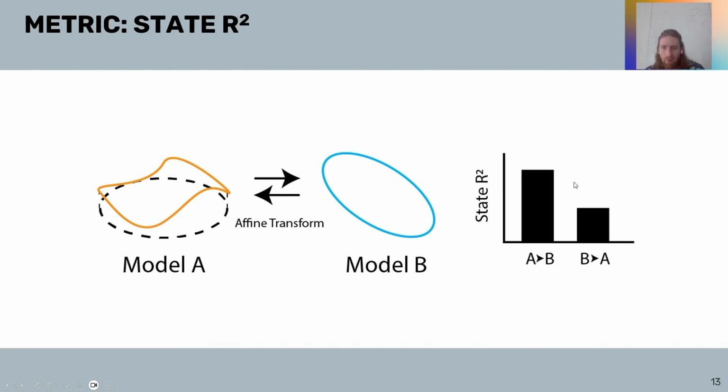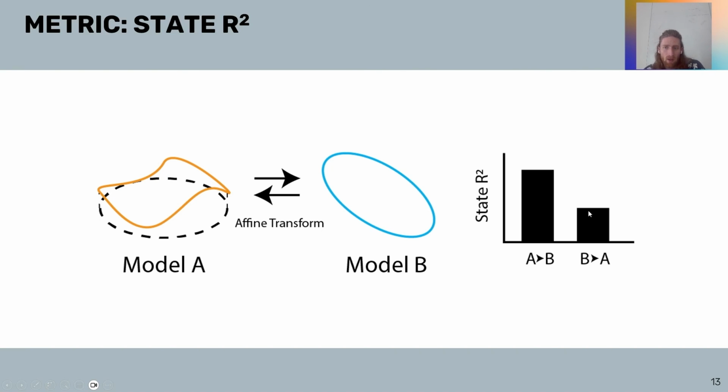For this little toy example, you can see that Model A predicts Model B quite well. If you just flatten it along this dimension and then rotate it, you could predict Model B from Model A quite easily. But going the other way, Model B to Model A, you could rotate this thing so it's along this dashed line, but you can't, in a linear way, deform it like this to get something that looks like Model A from Model B. And for that reason, the state R-squared would be low.